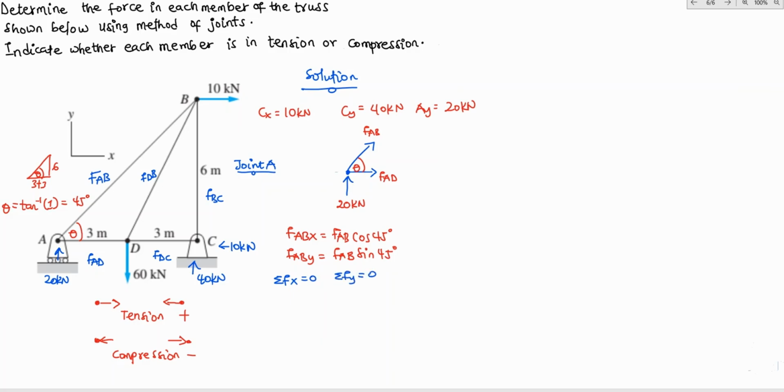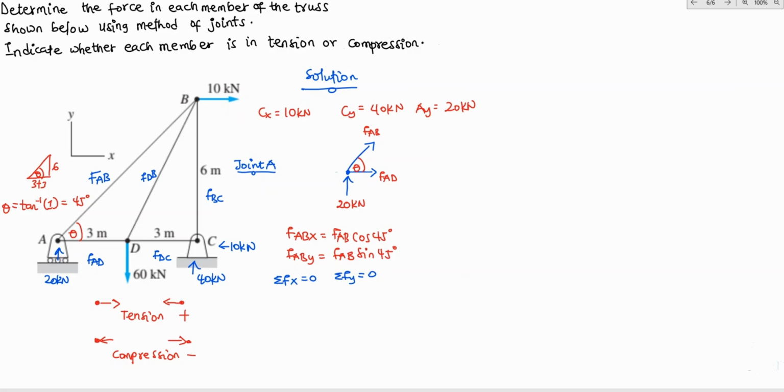The directions that I chose for FAB and FAD were just random directions, because I can't actually confirm their directions now. We'll confirm the correct directions at the end of the calculation. If you get a positive answer, that means the direction you chose was correct. If you get a negative, that means it was a compression direction that you chose.